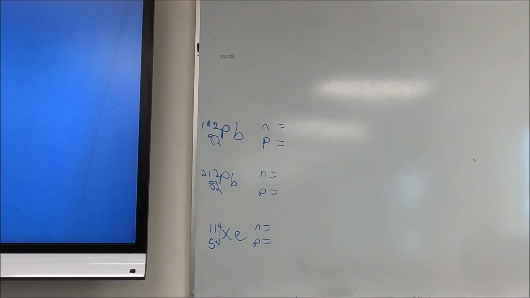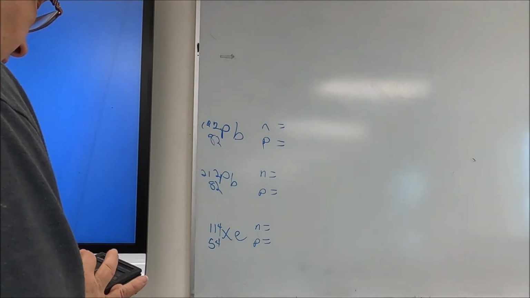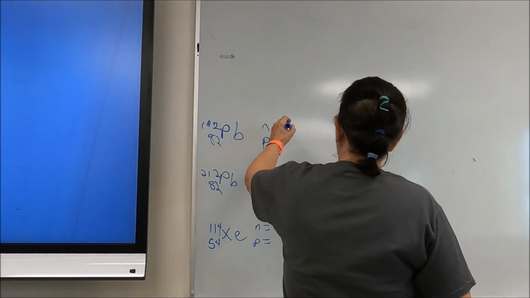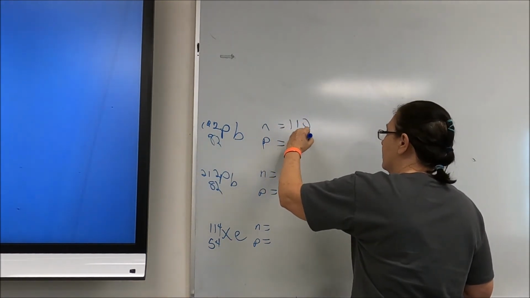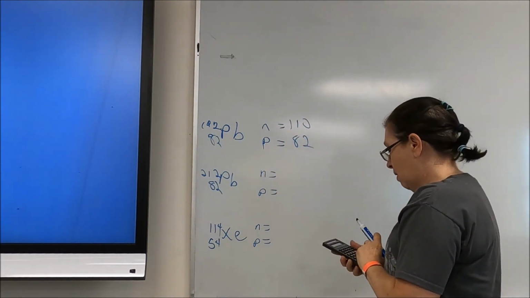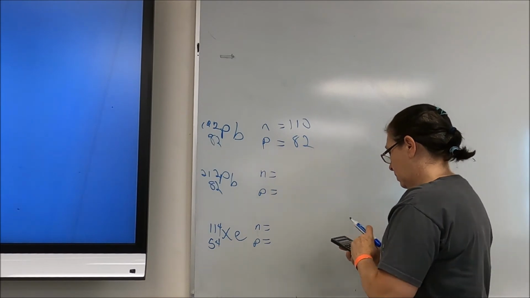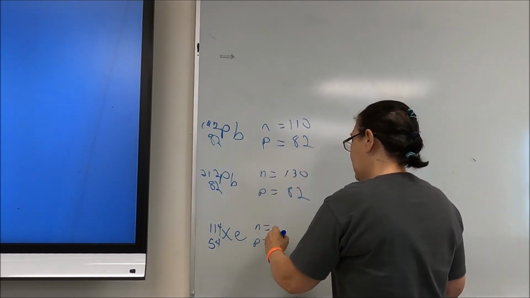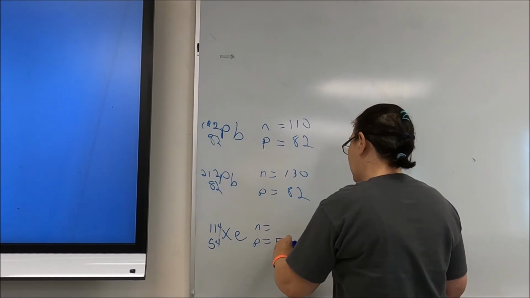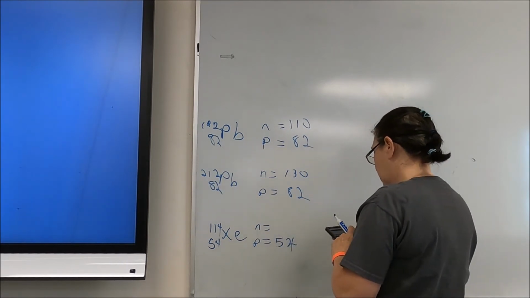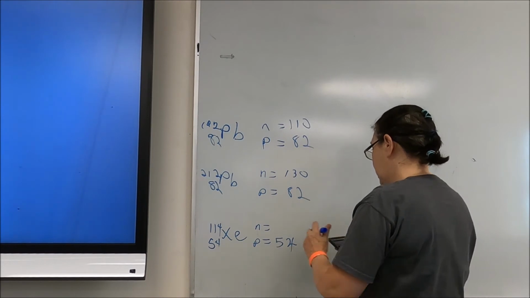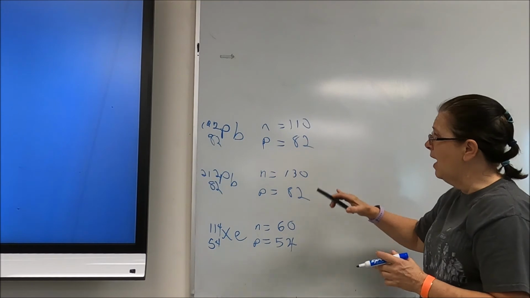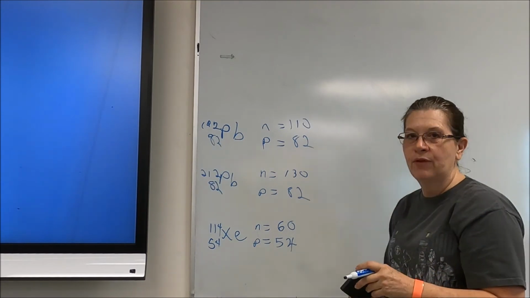So let's do that first. 192 minus 82 gives me 110 here. 212 minus 82 gives me 130 here. And xenon protons 54, and 114 minus 54 gives me 60. Okay? So I have the number of protons, I have the number of neutrons.